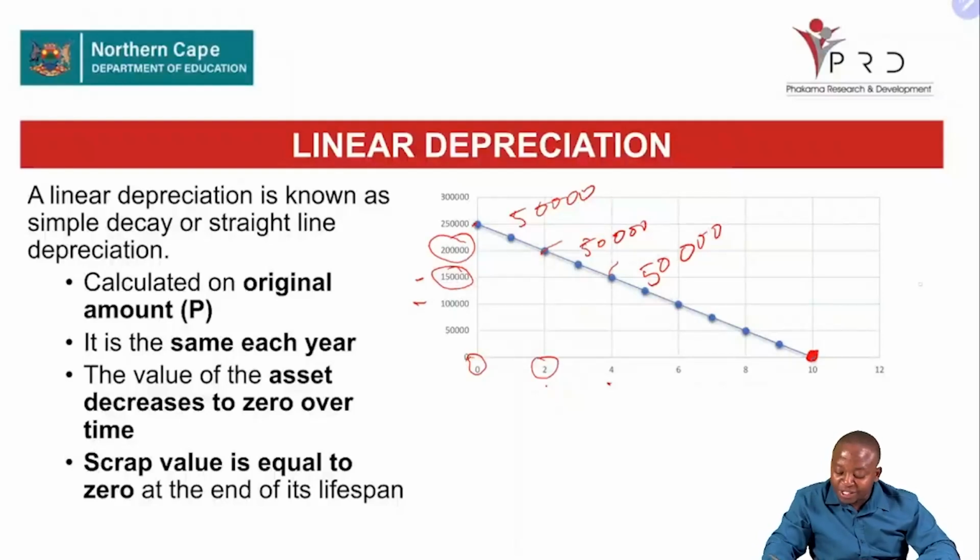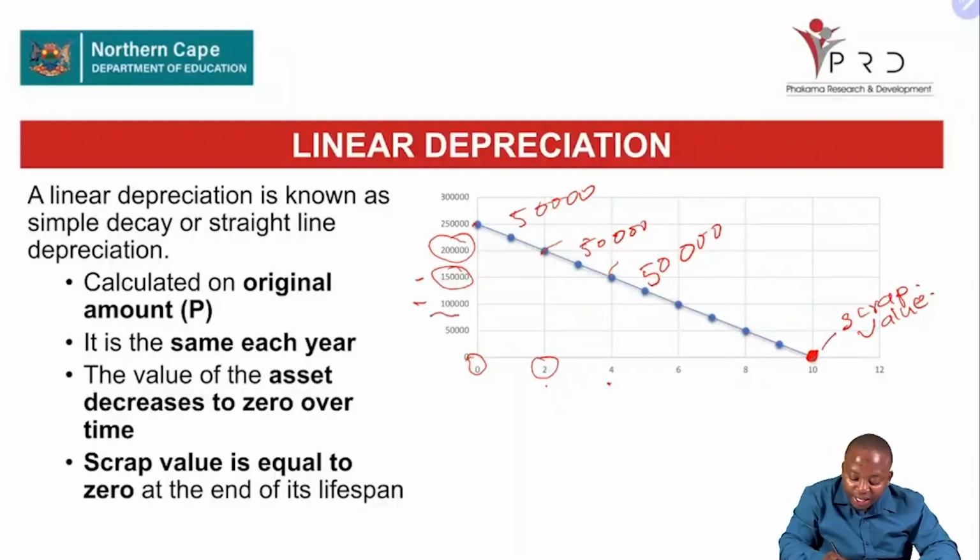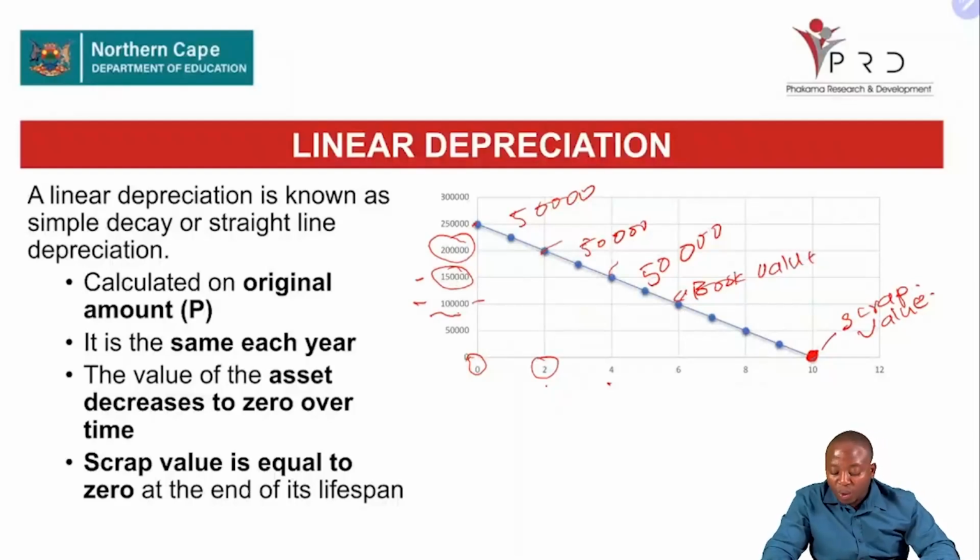That's where we have our scrap value, at the end of its useful life. Any value that we get, let's say at year 6, is worth 100,000. This 100,000, at this year, becomes what we call a book value, as it is how much the asset is worth after 6 years.